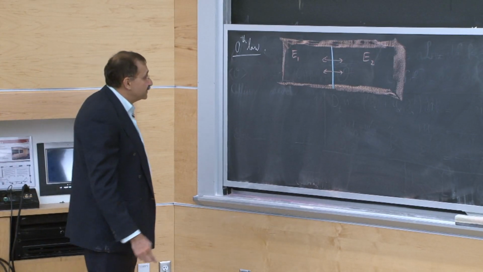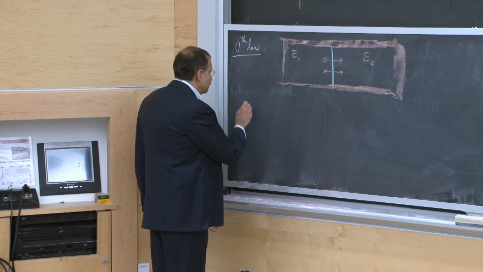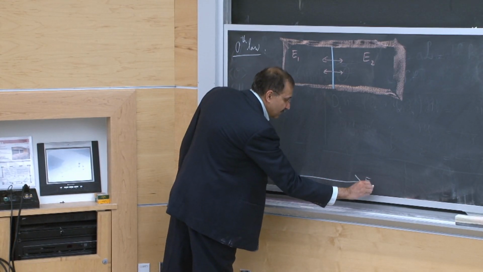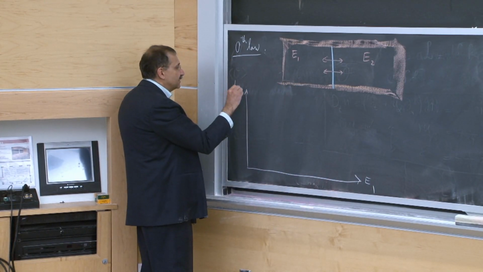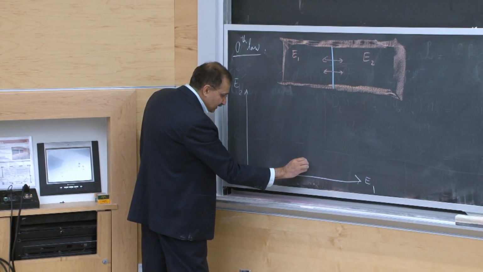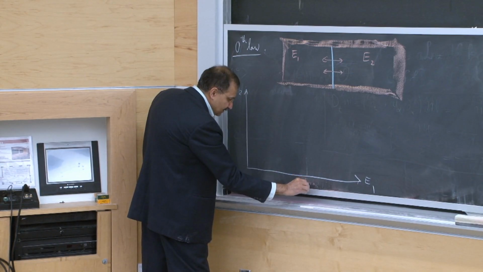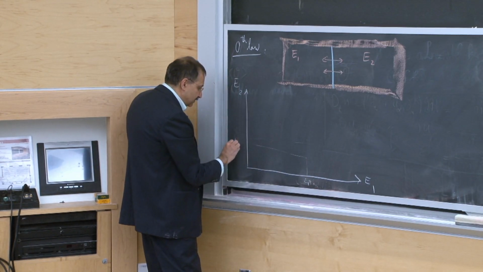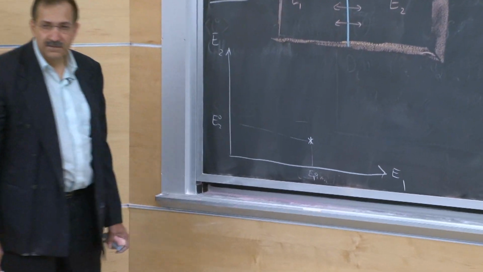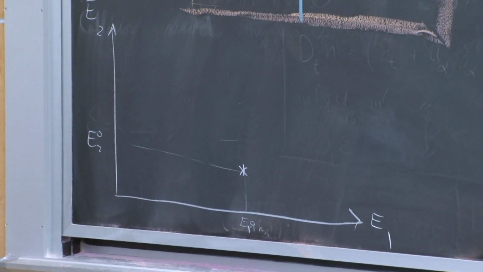So I start with an initial state where, when I look at E1 and E2, I have some initial values, E1,0 let's say, and E2,0. So my initial state is here in these two.